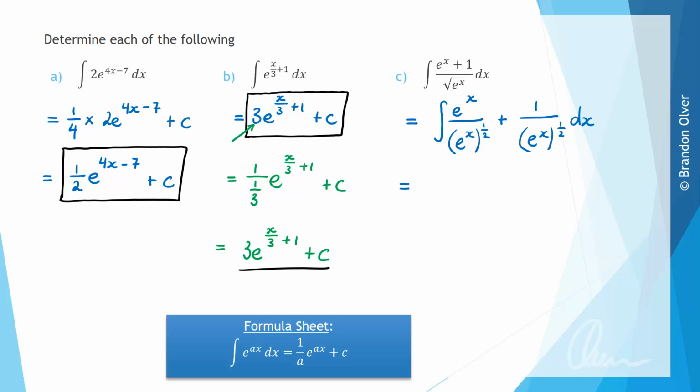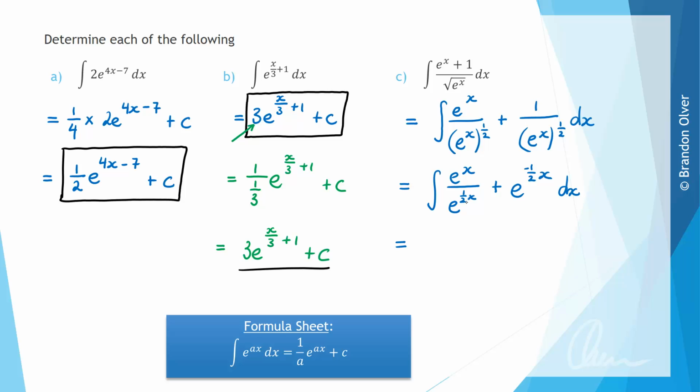That's the same as the integral of e to the power of x divided by e to the power of a half x. When we do power and power again, we multiply those powers together. Plus, this can be written as e to the power of negative a half x, so that we've got our expression in the numerator rather than the denominator. That's still with respect to x. We're still not quite done cleaning this up.